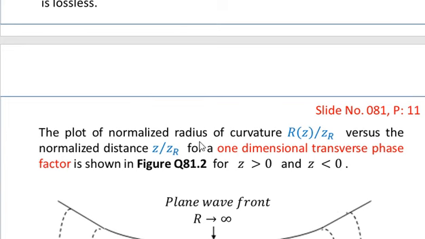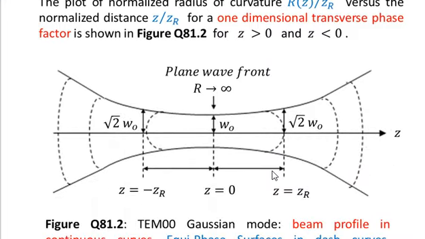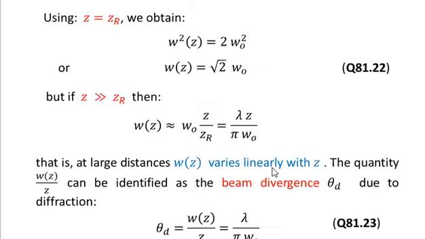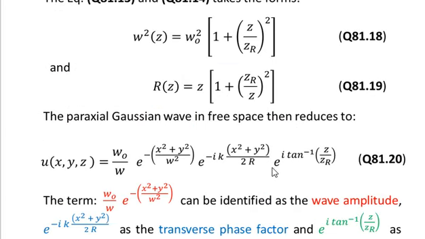Okay, the plot of the normalized radius of curvature r of z divided by zr versus the normalized distance z over zr for a two-dimensional transverse phase factor is shown in figure 2 for z greater than 0 as well as for z less than 0. You see that we have r of z, for example, over here in equation number 19.